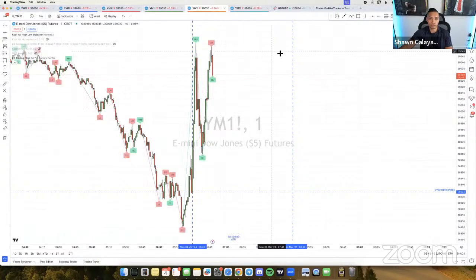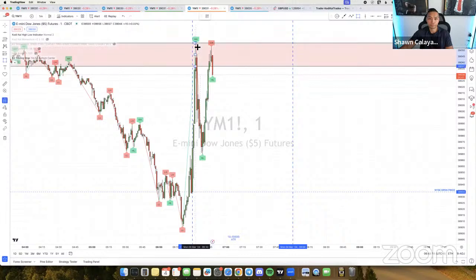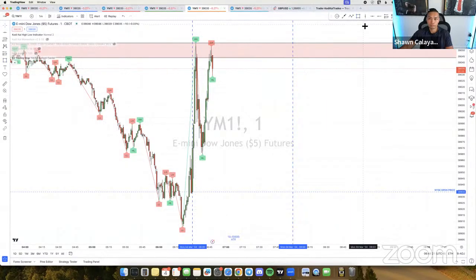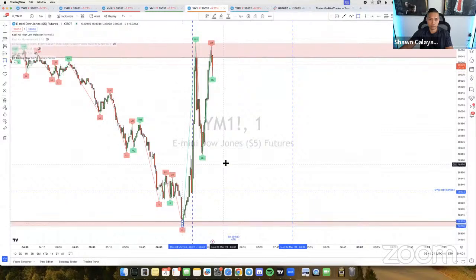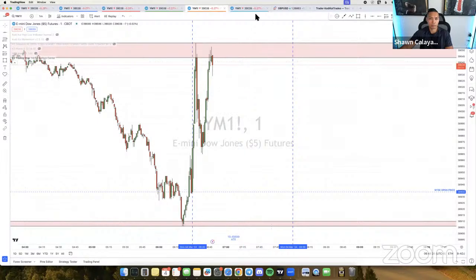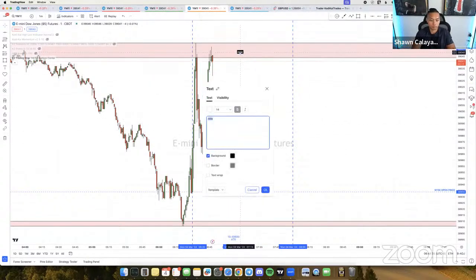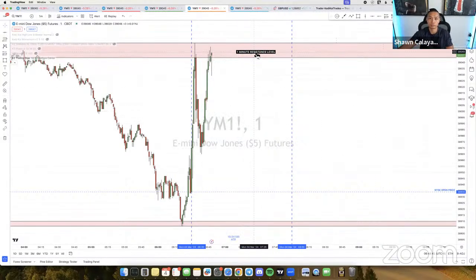I'm going to go to markup structure here. So we have the 1-minute resistance right there. And the 1-minute support. So we got 1-minute resistance level there.